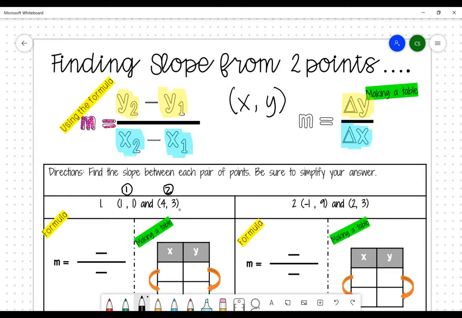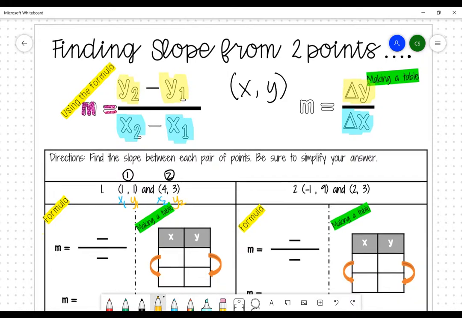So let's label our points. For (1, 1), I have my x1 value because it's x and it's first, and then my first y value because it's y and it's the first one. Notice these y sub 2 and y sub 1, it's not an exponent. It's just telling me which number value it is. So for (4, 3), I have my second x value and my second y value.